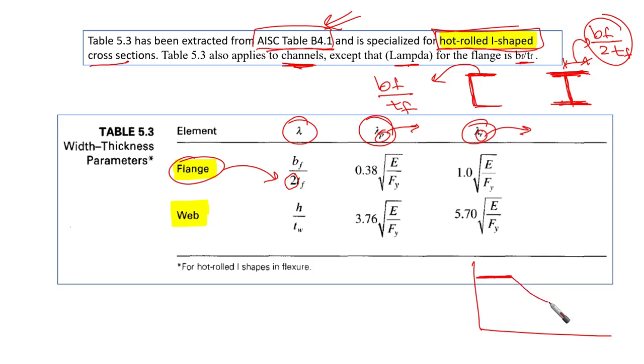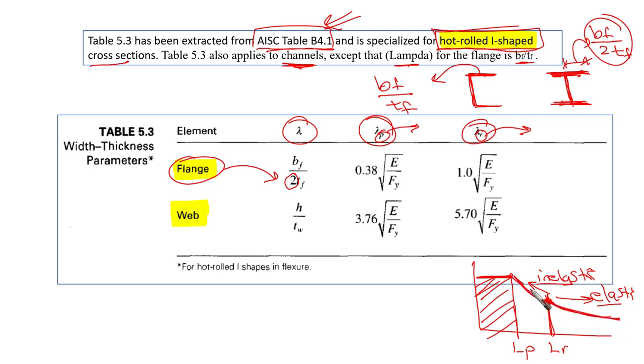So we're going to have three main regions here. These are the limits. This is the region where the plastic behavior is going to be there, so we're going to find lambda p, for example. Here it is going to be lambda r. R means the proportional limit that differentiates between elastic and inelastic regions, so elastic buckling and inelastic buckling.